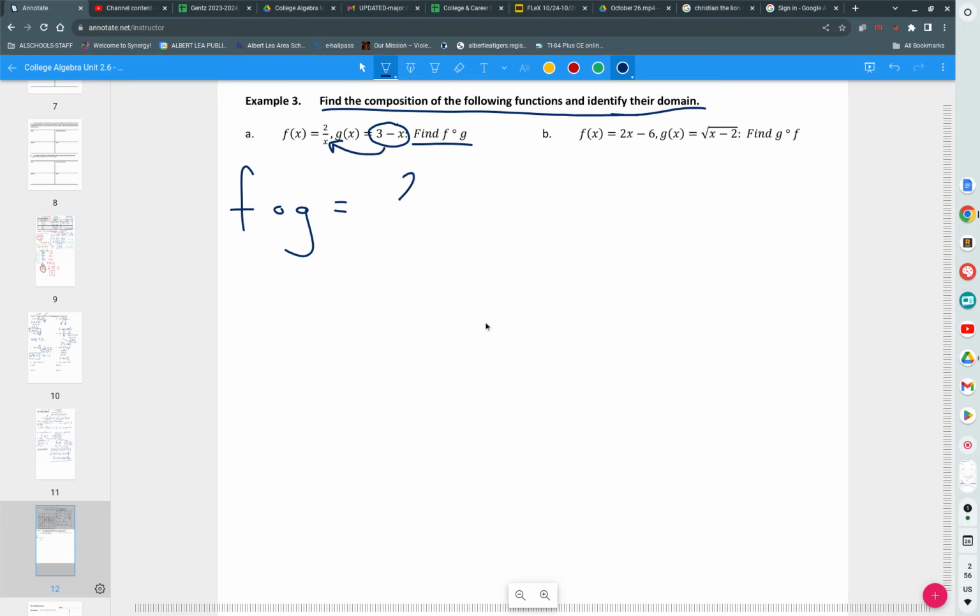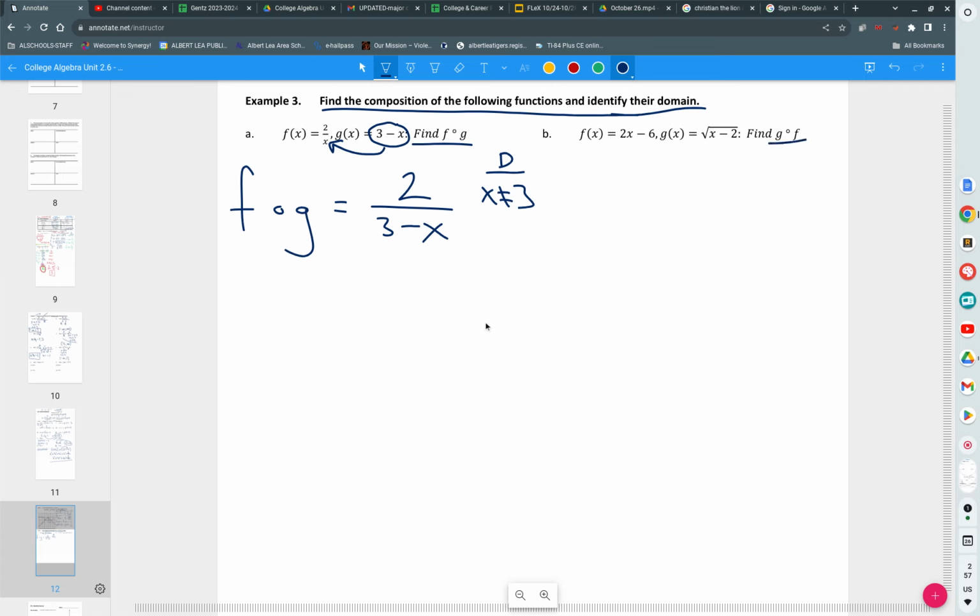And we get 2 over 3 minus x. And what would you say is the domain of that function? X cannot be 3. Simple as that.